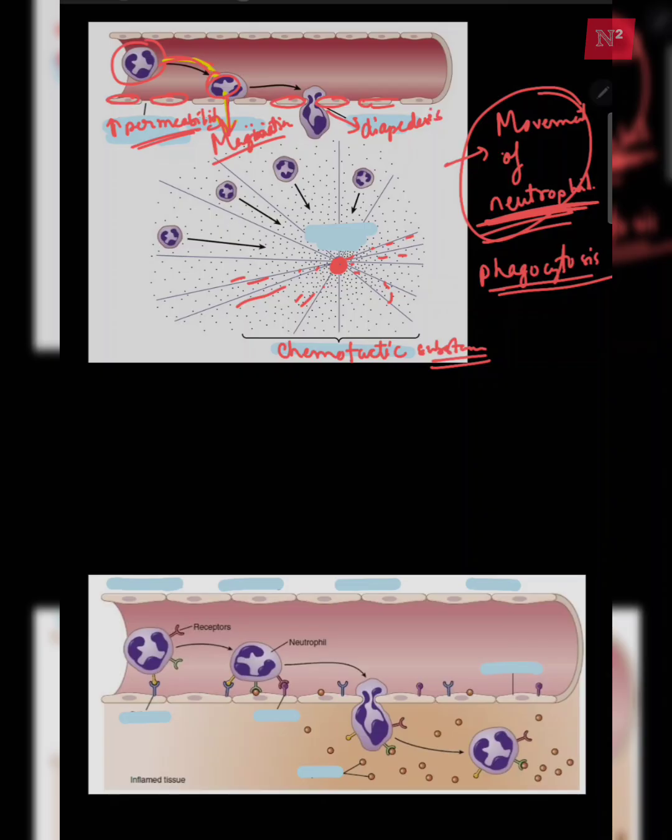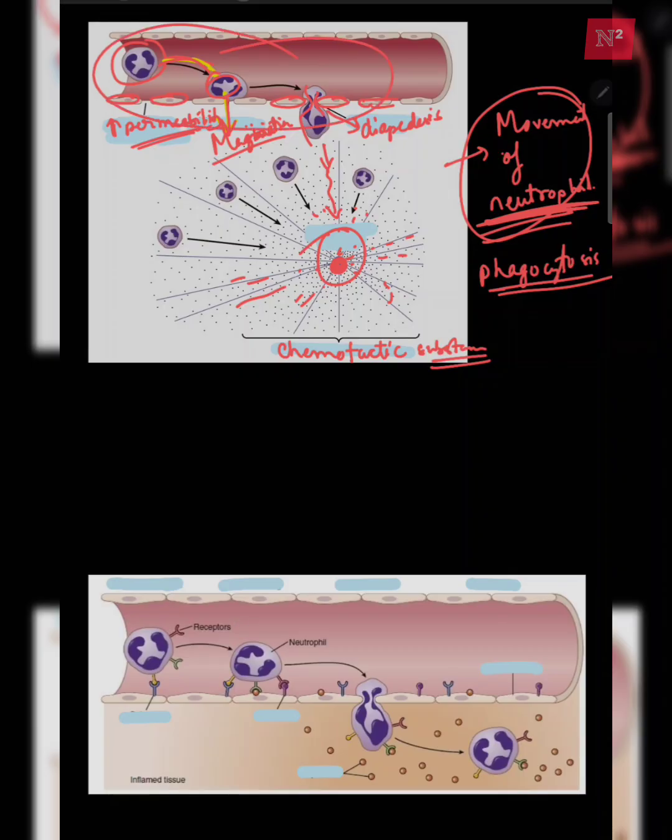The neutrophil tries to squeeze out from this cell, and when it squeezes out from the endothelial lining, it comes to the extracellular fluid. Now this chemotactic substance or source attracts this neutrophil towards the site.